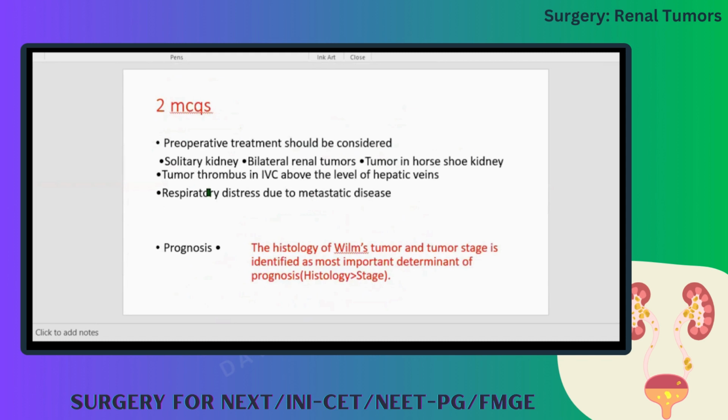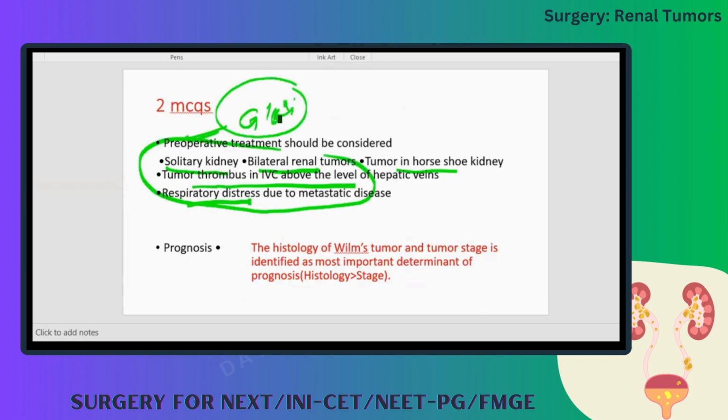And here also, if the patient is having a solitary kidney, if there are bilateral renal tumors, if the tumor is in a horseshoe kidney, or if there is tumor thrombus in the IVC above the level of the hepatic veins, or respiratory distress is there due to metastatic disease, in these conditions we have to give preoperative chemotherapy and radiotherapy. Preoperative CT and RT.